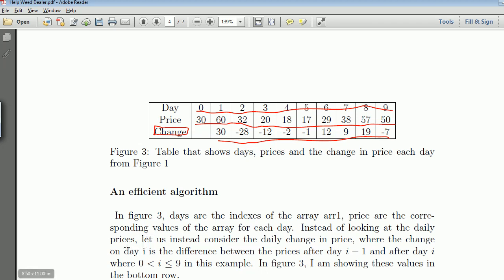Instead of looking at the daily prices, let us consider daily change in price, where the change on day i is the difference between prices after day i minus 1 and after day i, where 0 less than i less than or equal to 9 in this example.